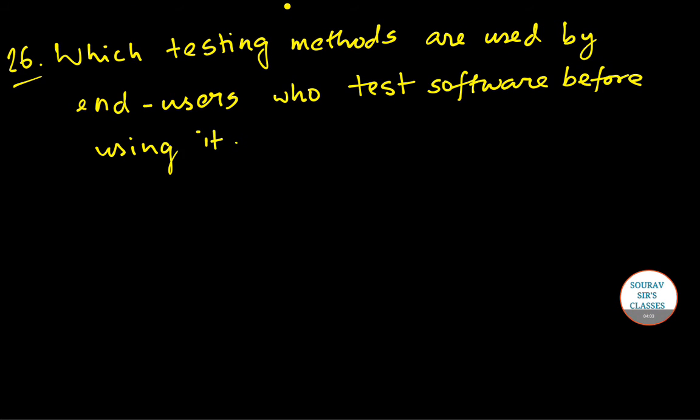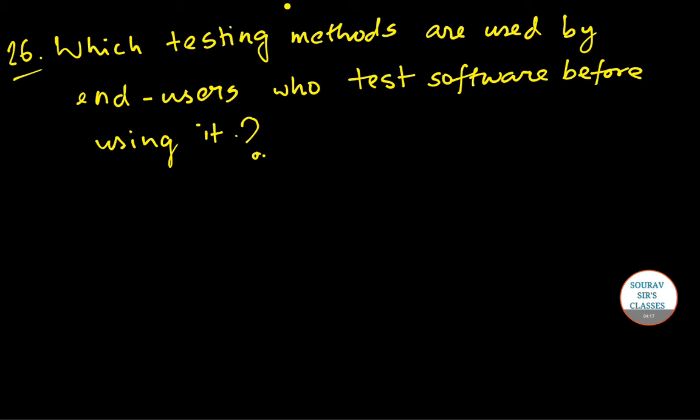Question number 26 says which testing methods are used by end users who test software before using it. So what is the testing method used by end users who test software before using it? So the answer is alpha testing and beta testing.